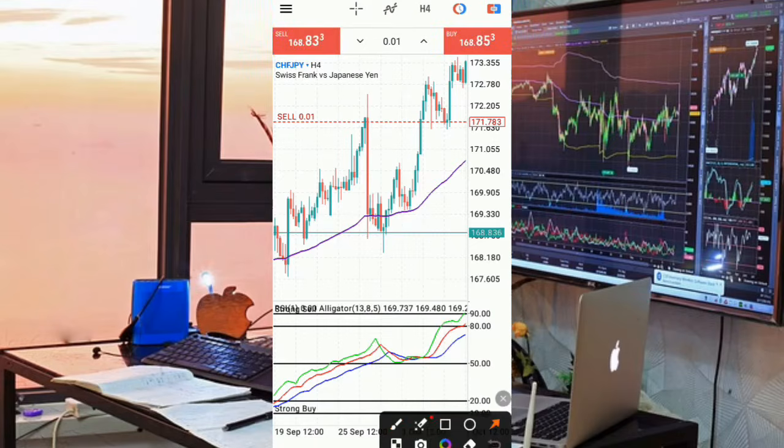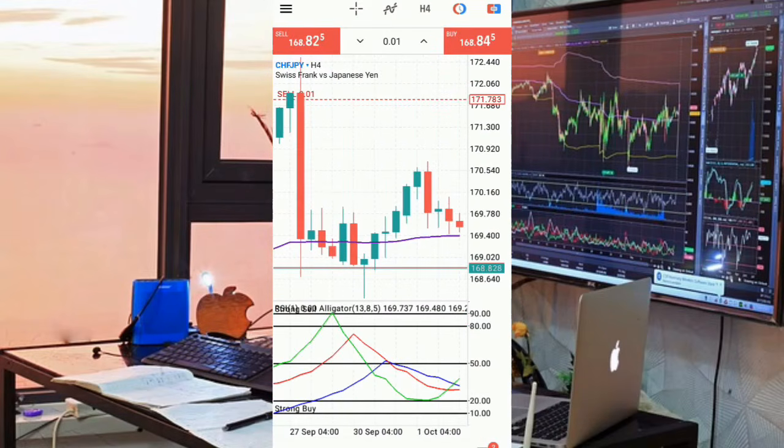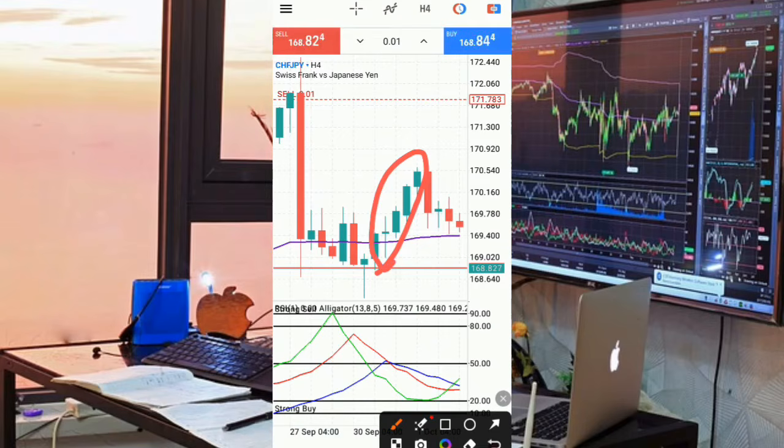You can see over here that price did come to break out with a bullish candle, right? So we've got bullish candles over here. That is our breakout, and we've got consecutive bullish candles. That's telling us that price will be bullish.